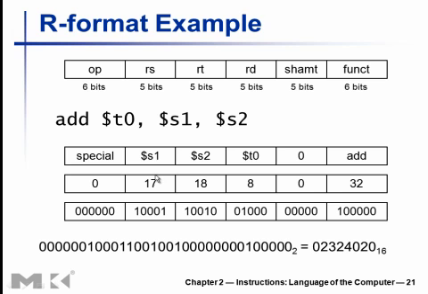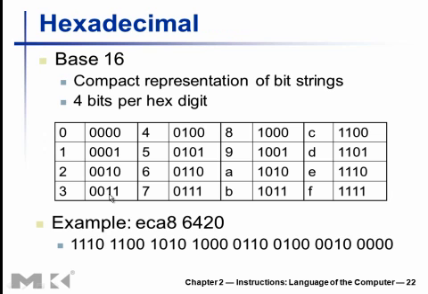Sometimes this binary representation is not really convenient, so we normally put the representation into hexadecimal. To convert binary to hexadecimal, you group from the right-hand side 4 bits at a time, all the way to the left, so you get 8 groups.